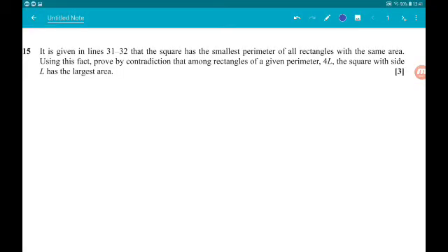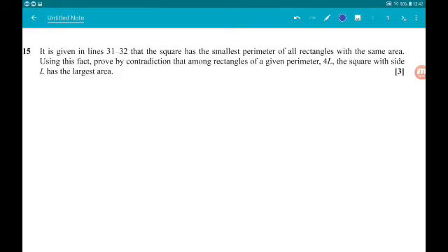Okay, number 15, the final question, a proof by contradiction for 3 marks. I do think this is quite a tricky one to get your head around, so I'm going to go through it as simply as possible. It is given in lines 31 and 32 that the square has the smallest perimeter of all rectangles with the same area. So think about what that means.